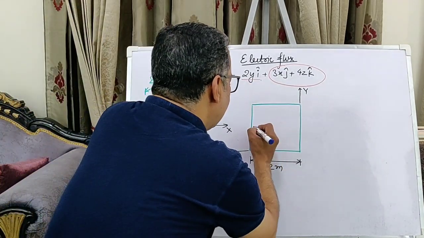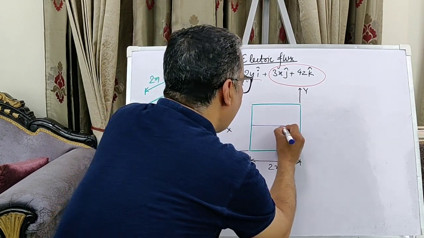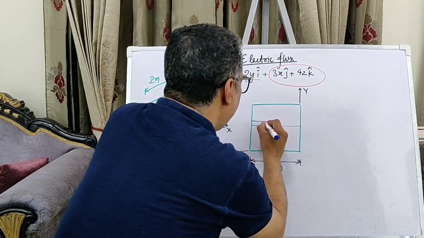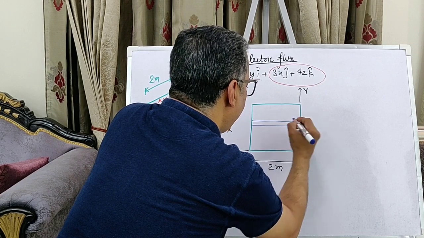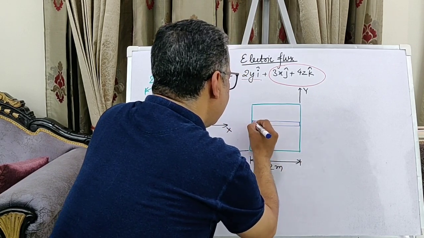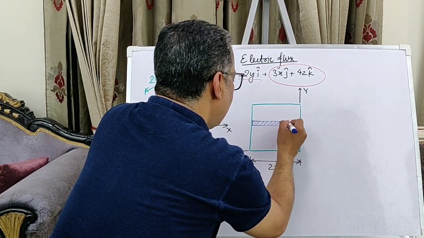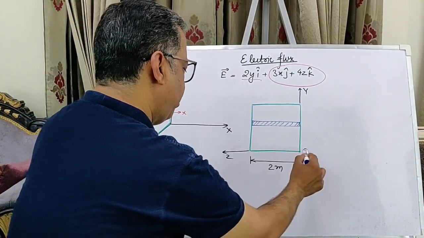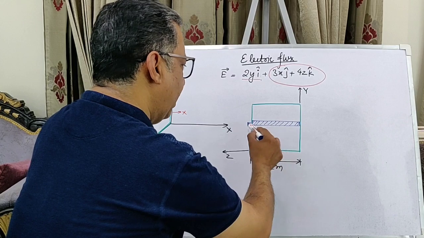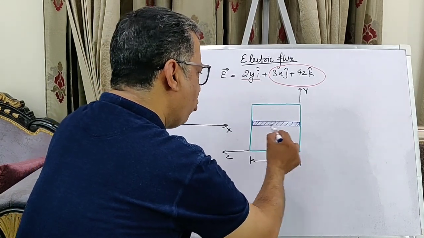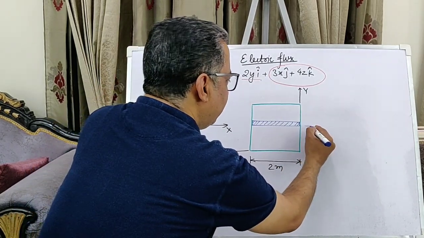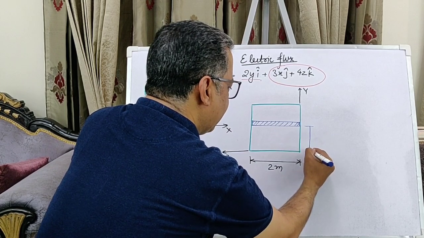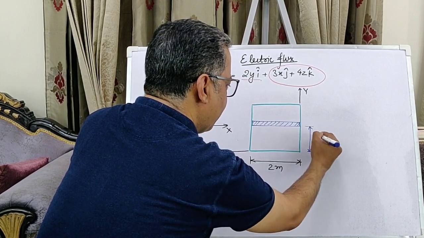So think of this area element. In this area element, which is parallel to the z-axis, the y coordinate, y over here, is constant.